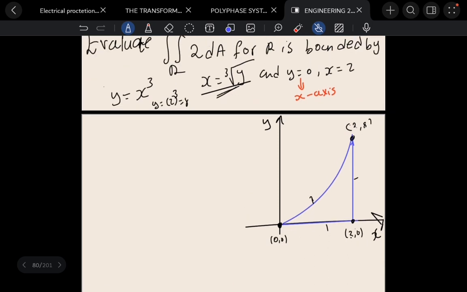So let us set up this equation. You are going to go to all 4 points, dx, dy.